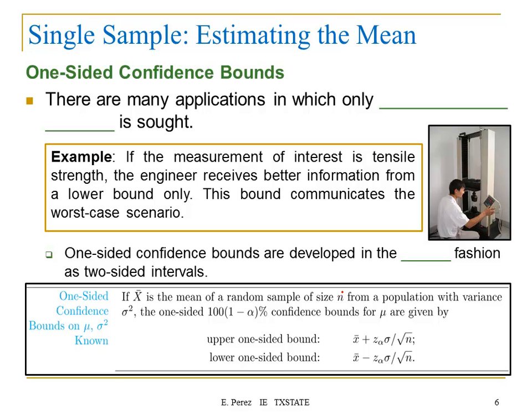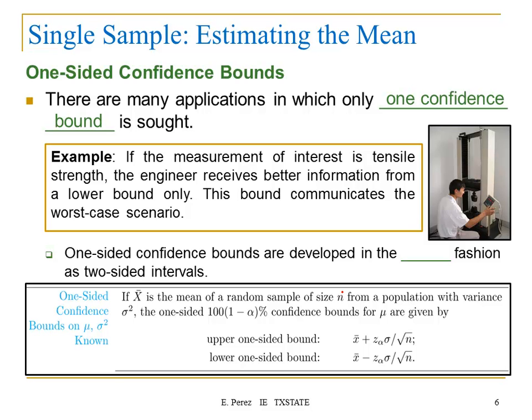Okay, so last time we covered the two-sided confidence intervals. Today we're going to talk about one-sided confidence intervals. And there are many applications in which only one confidence bound is important. If you're looking to satisfy a lower bound requirement and so on. For example, if the measurement of interest is tensile strength, the engineer is interested in a lower bound only.